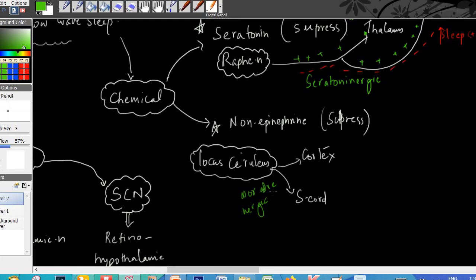The same way, but the pathway is different. The noradrenergic pathway starts from the locus ceruleus, whereas in the case of serotonin, it is from the raphe nucleus. So this is your norepinephrine.